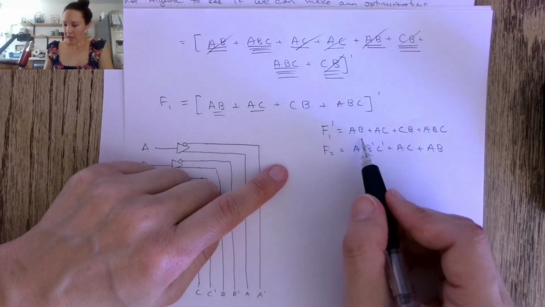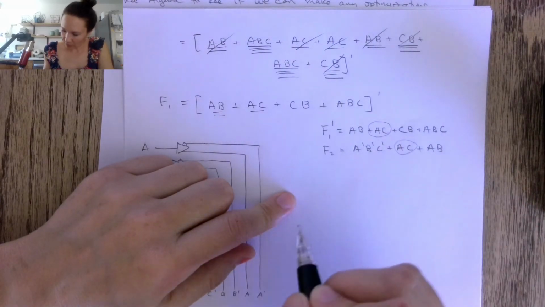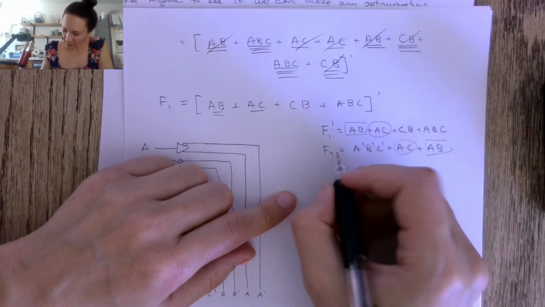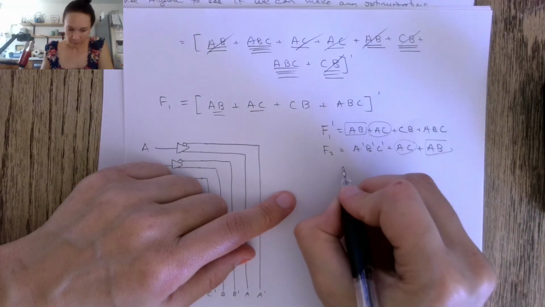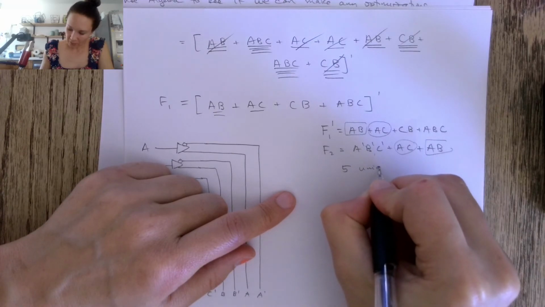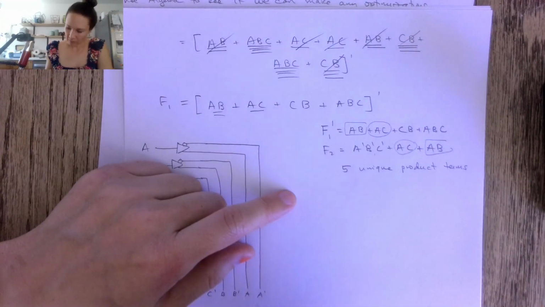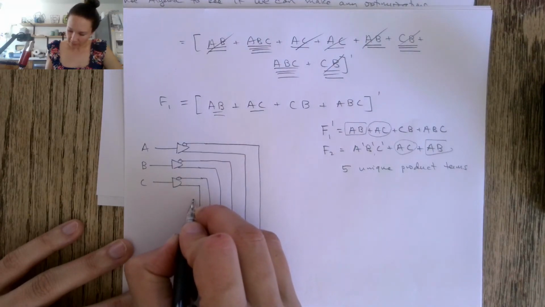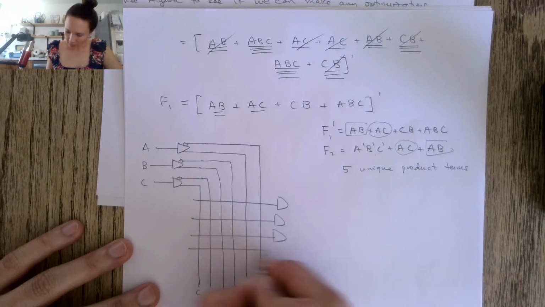As long as we can reuse these product terms between the two of them, how many unique product terms do we have? We have 1, 2, 3, 4, 5 unique product terms. So we'll need 5 AND gates. 1, 2, 3, 4, 5. Okay, great.